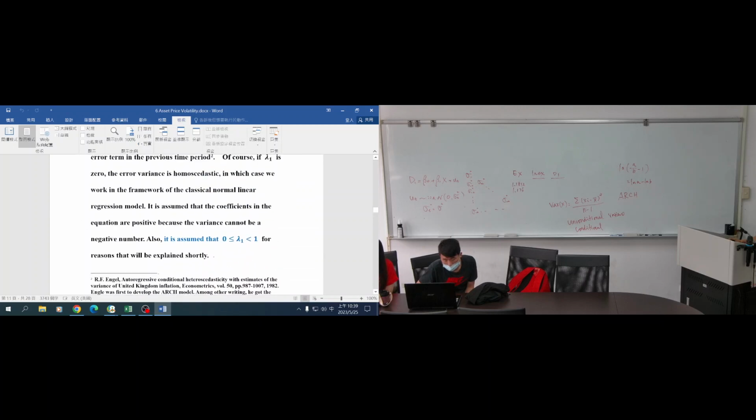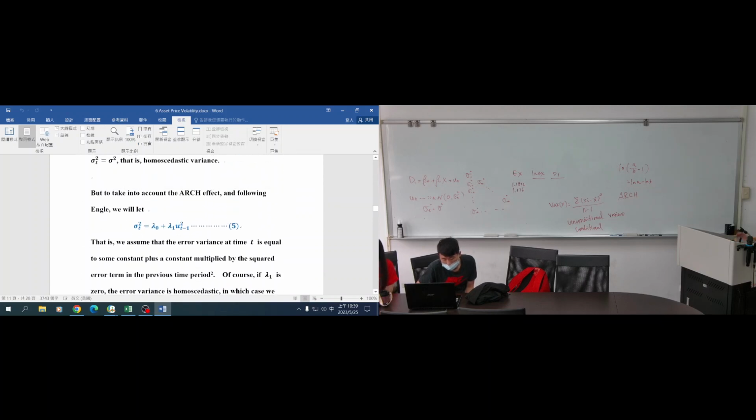Okay, by the way, since this is the variance, look at lambda 1. Lambda 1 is the coefficient of the past information. So in other words, if we test the hypothesis of lambda 1, if we do not reject the null hypothesis, it means equal to 0, right? If this equals 0, then this becomes constant, which is no ARCH model.